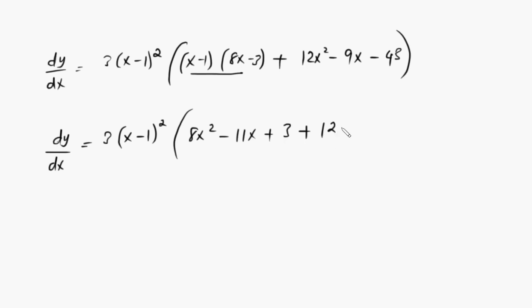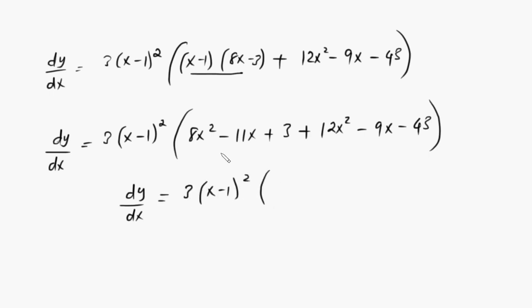So we're going to have plus 12x squared minus 9x minus 43, like that one. So my dy/dx is just going to be equal to 3(x minus 1) squared. So 8 plus 12 is 20x squared. Negative 11 minus 9 is minus 20x. And 3 minus 43 is minus 40, okay?